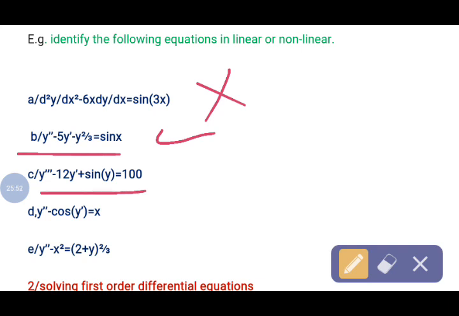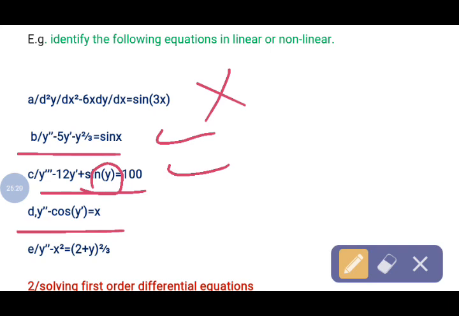What about this third example? On the third term we have sin y. Is this linear or non-linear? This is a linear ordinary differential equation because sin y is not a derivative, it is y normal. What is example D?